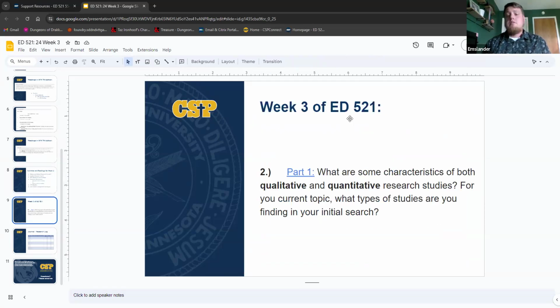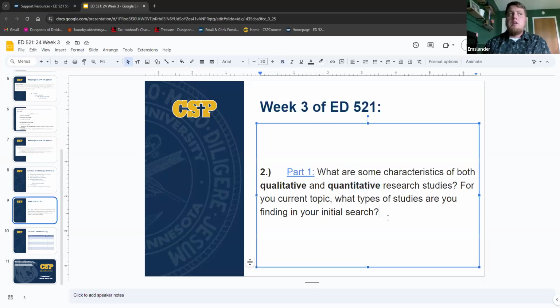The discussion board for this week is: what are some characteristics of both qualitative and quantitative research studies? For your current topic, what type of studies are you finding in your initial search? Very briefly, quantitative studies are going to be more numbers based. They're going to have one or two or more variables that are being studied.